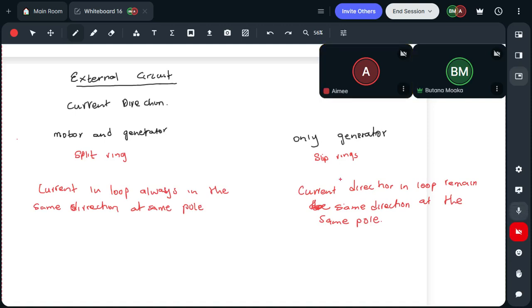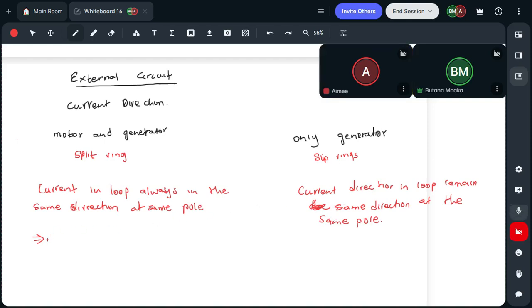Okay, so now for motors and generator, this one is the same direction in the external current, and then in only generator, it's alternating direction in the external current.